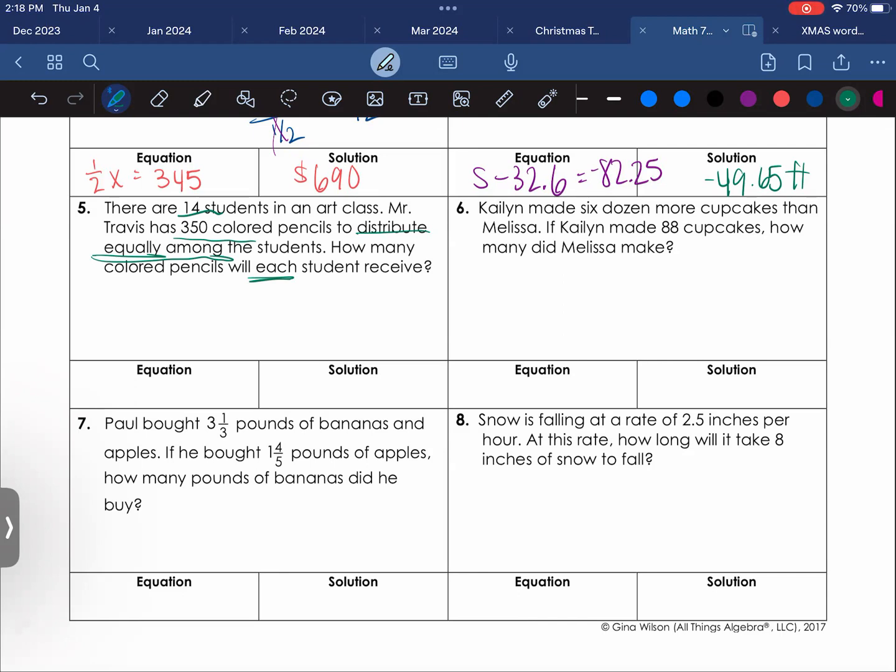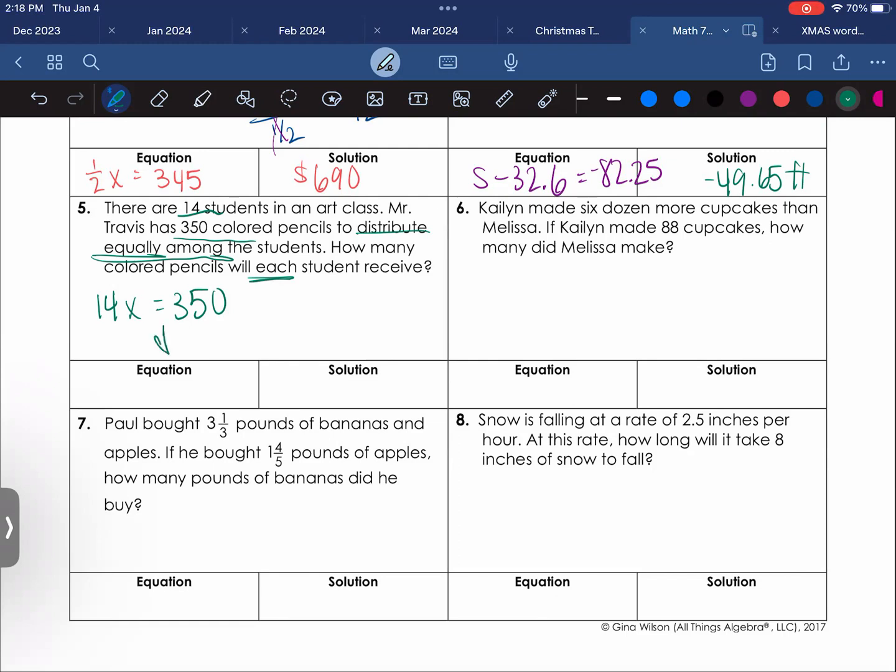So how we set this up is going to be, let's see, we have 14x equals 350. Right, I have 14 students. And then my total colored pencils is 350. You could have used C or P for colored pencils, whatever you prefer.